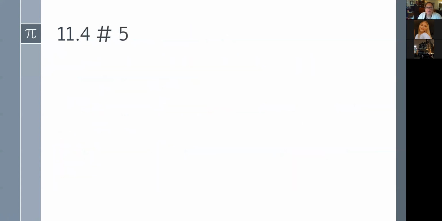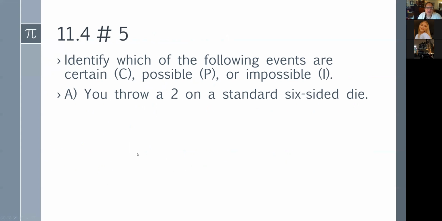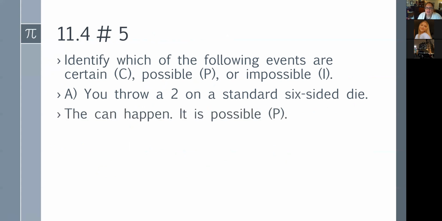Problem number 5 says identify which of the following events are certain, possible, or impossible? Part A, you throw a 2 on a standard 6-sided die. That can happen. It's possible.